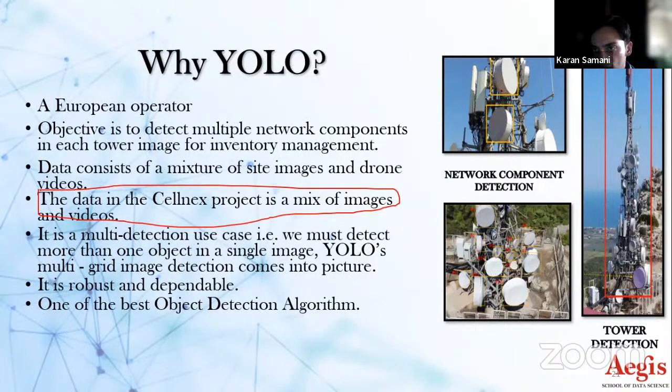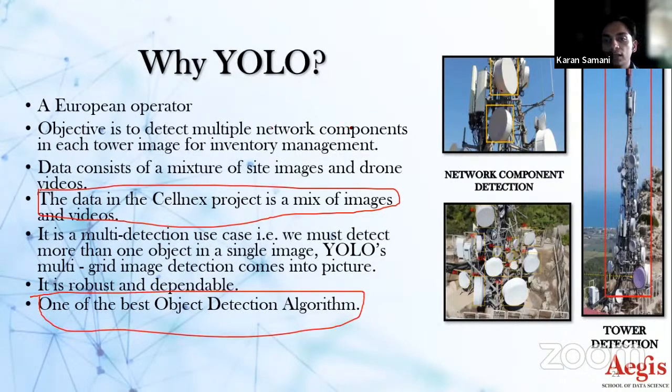For example, if you see this tower image, will you be able to detect how many kinds of antennas are there? No, because they are very minute. When we have to detect minute things, we have to use the grid structure which YOLO offers. Also, it is one of the best object detection algorithms in the market right now. This is why we went with YOLO in our use case.